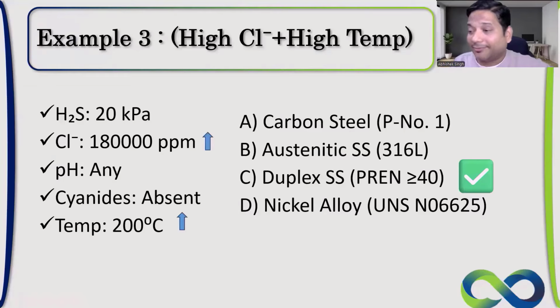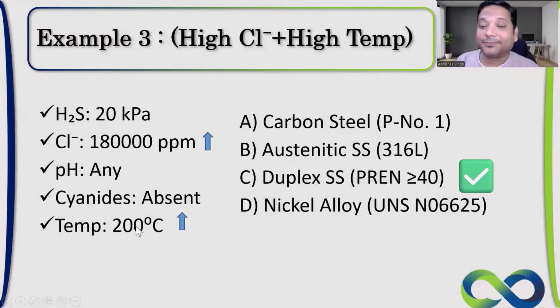Okay. You'll not say lower for NACE application. It's in the medium case. Okay. So 20 kPa, 200 degrees Celsius, you can go up to 1,80,000 ppm of chloride. Okay. Now this I'm taking definitely from the code or standard 175.